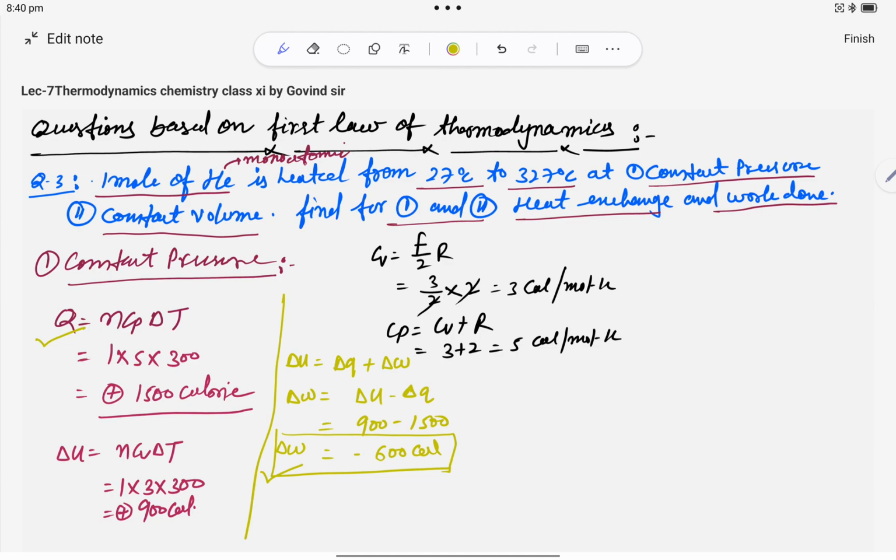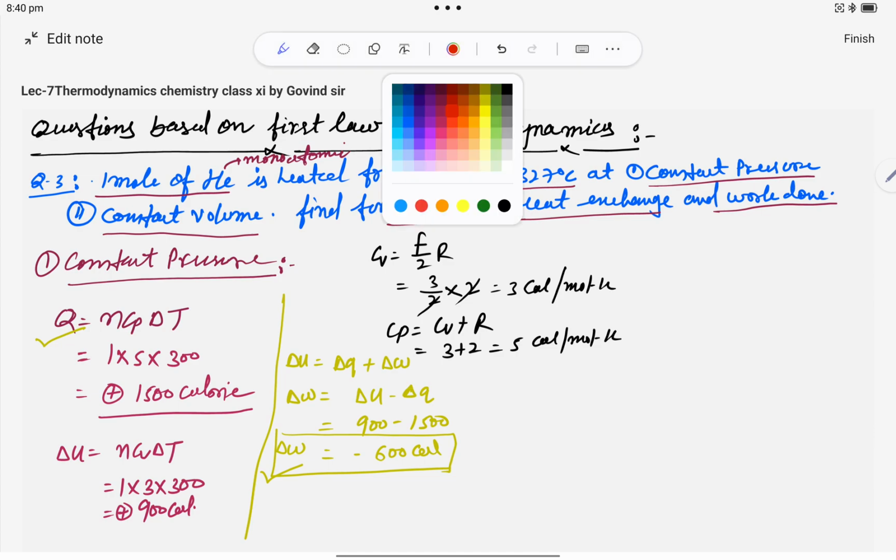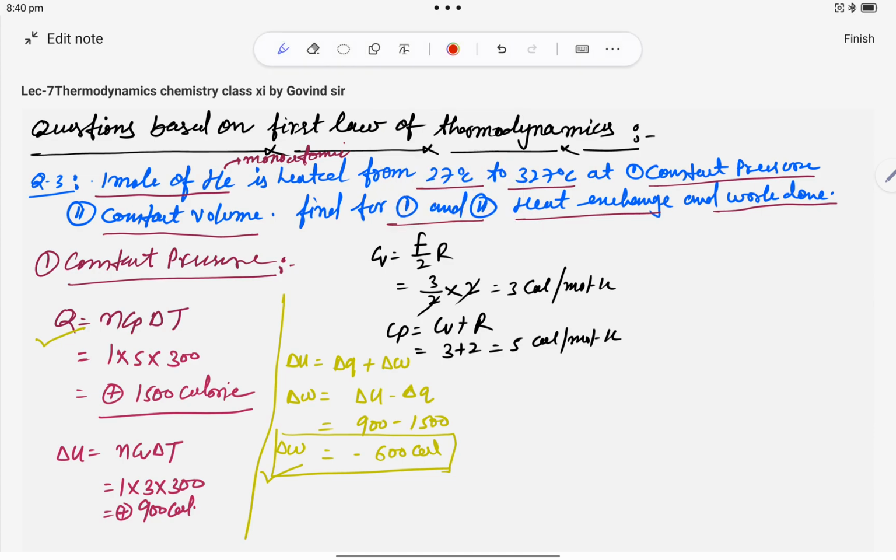In the next case, number 2, constant volume. At constant volume, children, what do we use? Again Q is equal to n Cv delta T. So 1 into 3 into delta T, which is 300, so it will be plus 900 calorie.